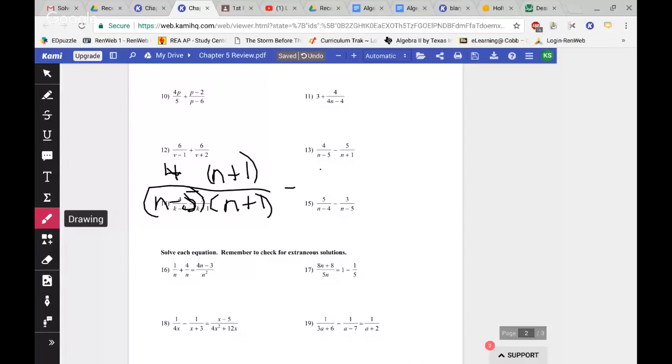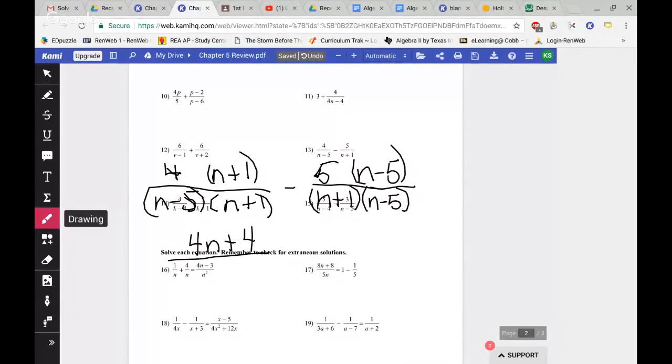And then over here, we're going to have 5 over n plus 1 times n minus 5. And once again, we've done that to the bottom, so we have to do it to the top. And now we'll distribute. 4 times n plus 1 is going to give us 4n plus 4 all over the big denominator that we created, n plus 1.